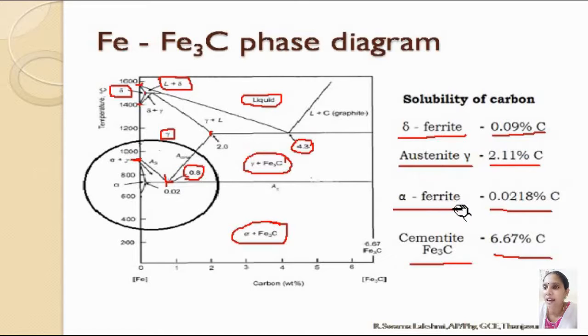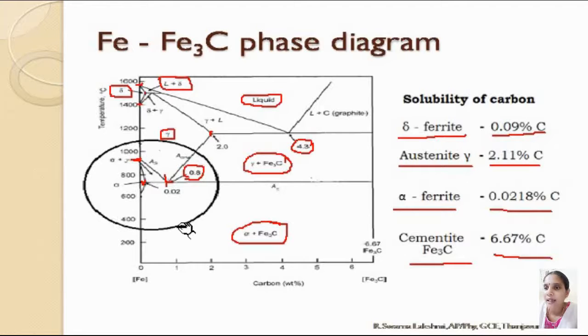Then the alpha ferrite, which is low temperature BCC structure existing between 910 degrees Celsius to room temperatures, and it has a limit of solubility of 0.02 weight% carbon. Finally, the cementite, which is a stoichiometric product which runs as a straight line here. The phase is a single line shown here at 6.67 weight% of carbon.